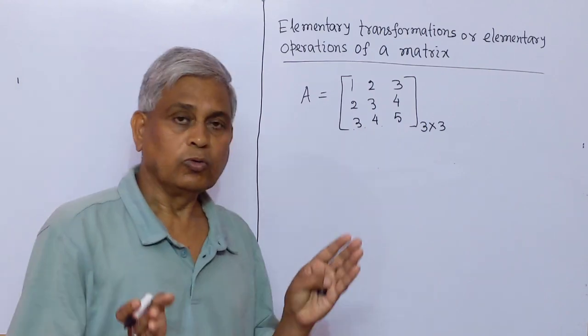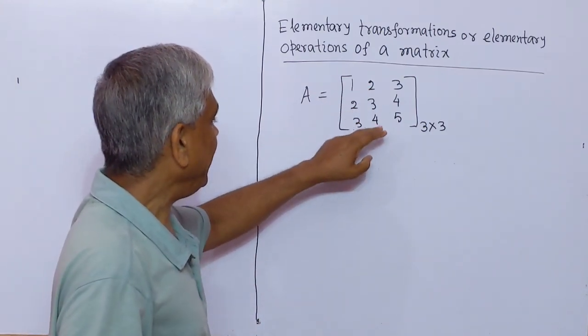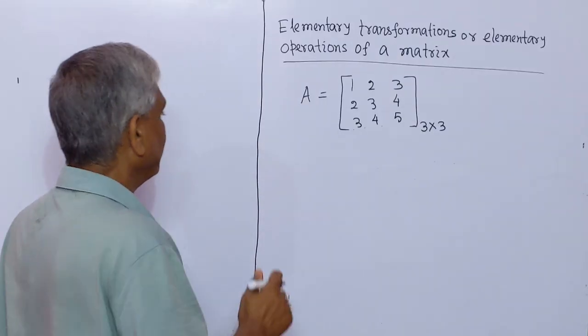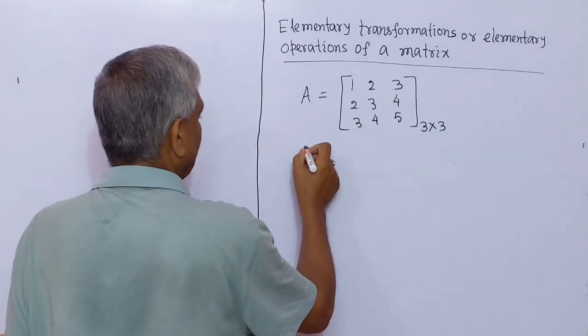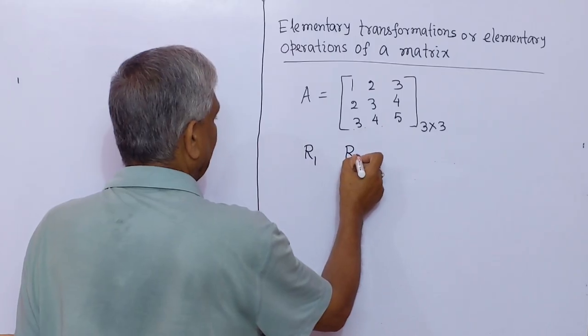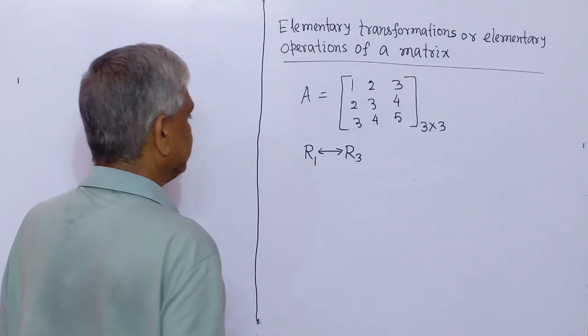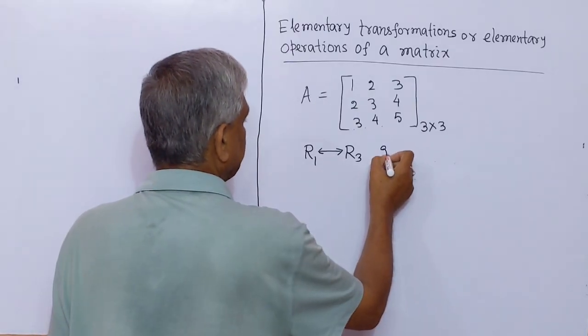Let us mutually exchange the first row and the third row. The first row is denoted by R1 and the third row is denoted by R3. Mutually exchange is the notation.